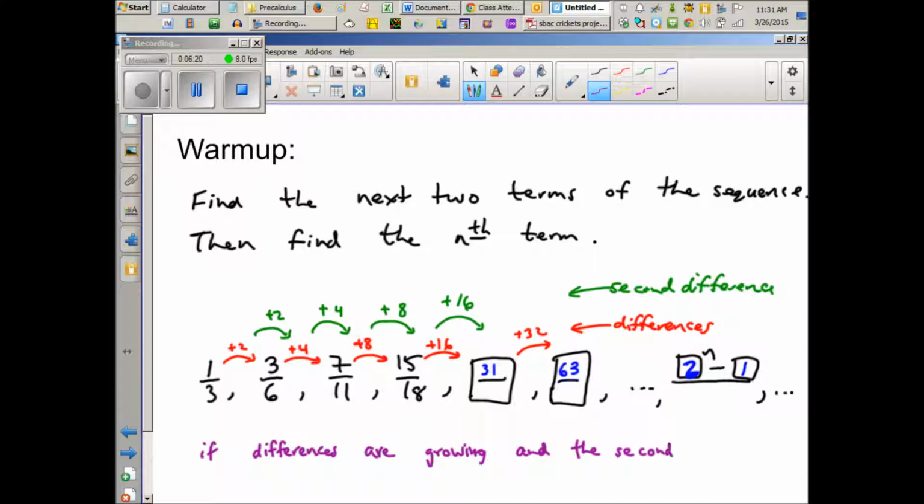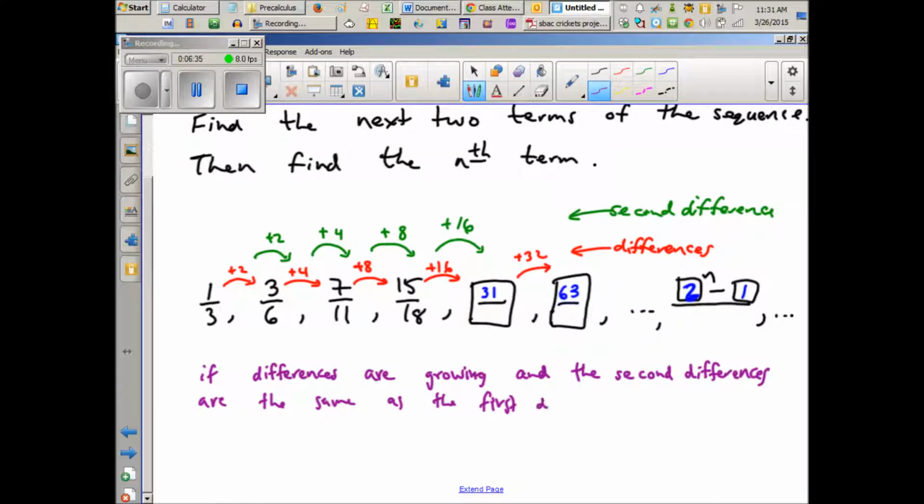If the second differences are the same as the first differences, the growth is b to the n. B to the n. In other words, exponential. Okay, that's the first takeaway for today.